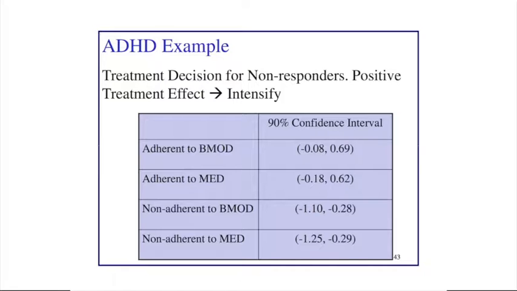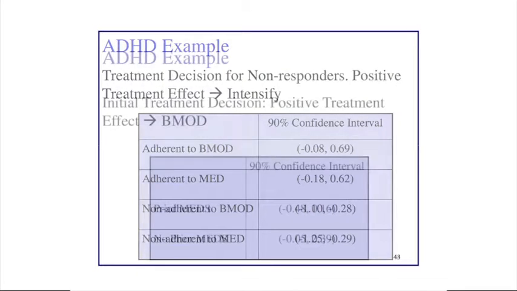There's no evidence if you're adherent for either one. You could choose either one. We don't have clear evidence. However, if you're non-adherent, both confidence intervals are completely negative. Makes perfect sense. You've got to switch. You've got to augment. Don't just intensify. That's what this indicates. Okay, let's go to stage 1.